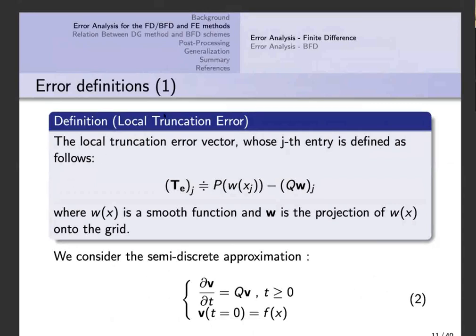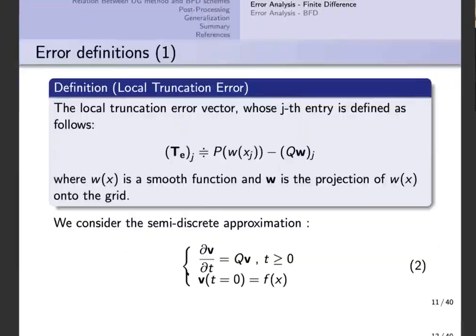This is basically an error vector whose jth entry is defined as the difference between the smooth function applied to the grid point and applied to the linear operator, and the discrete operator applied to the projection of this function on the grid. So we have basically our semi-discrete approximation, a classical one, as follows.